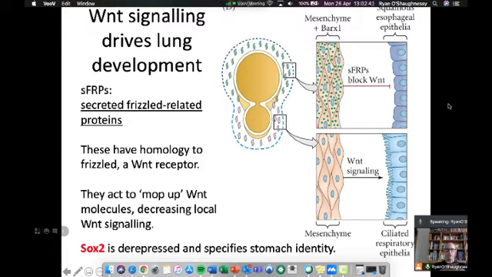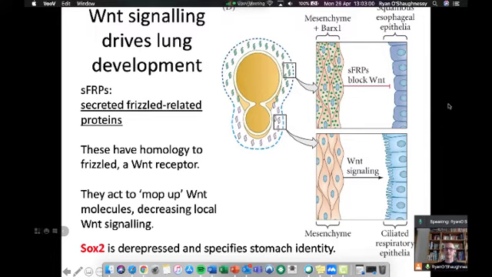This is because the stomach epithelium, the squamous, so the mesenchyme that surrounds the area that's going to become the stomach, expresses high levels of what are called secreted frizzled related proteins. Now we've met these before.